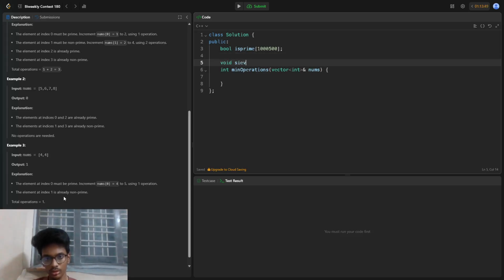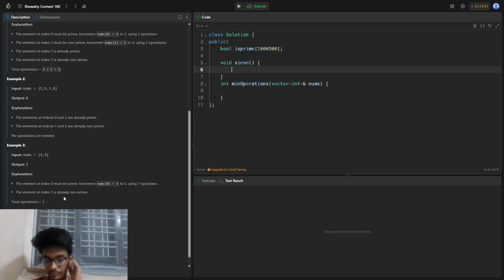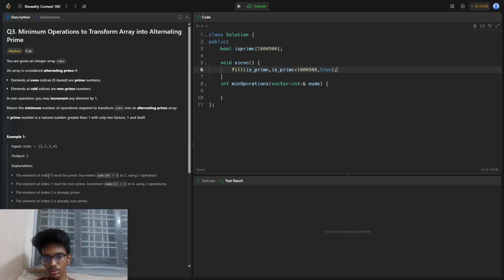So let's write void sieve. First let's fill is prime, using fill itself, with true.